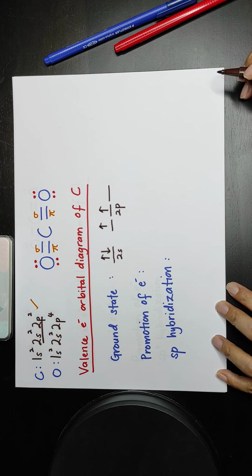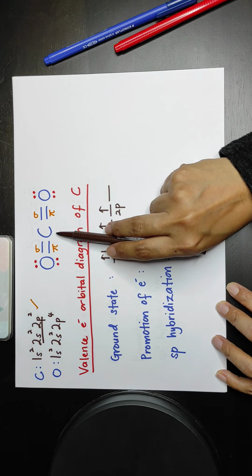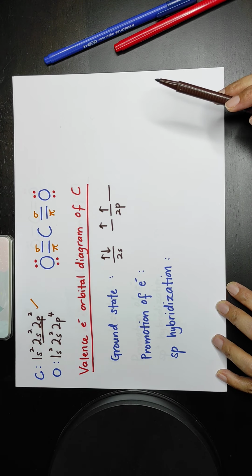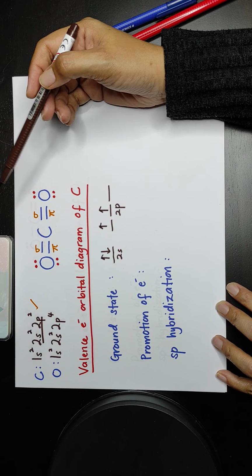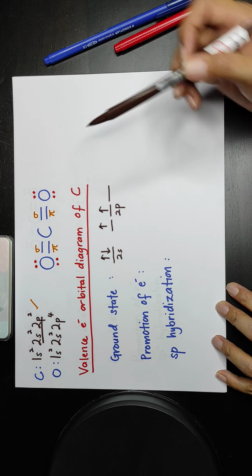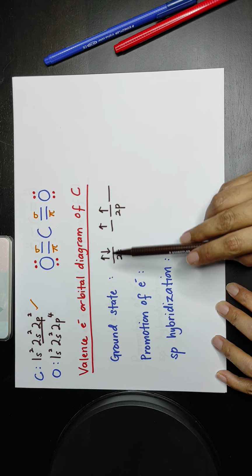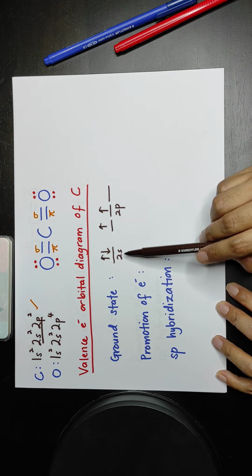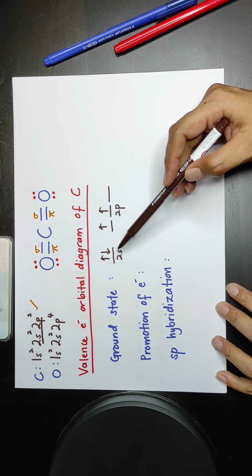If you refer to the Lewis structure, there are two sigma bonds. So to form two sigma bonds, carbon needs two unpaired electrons, and in the ground state there are two unpaired electrons present, and in the 2s orbital there are paired electrons.